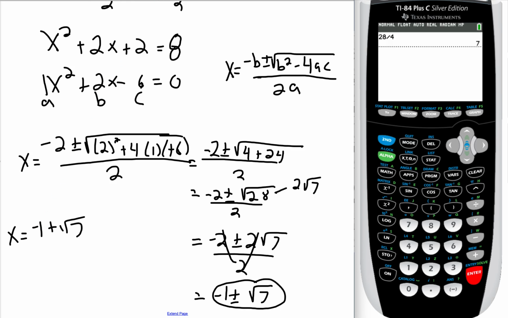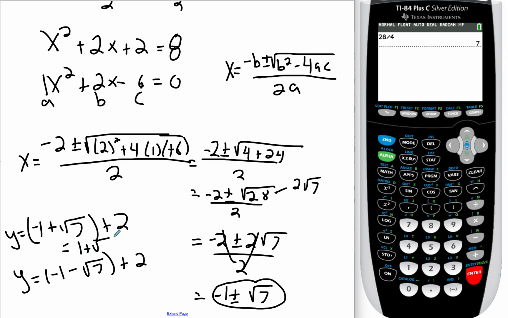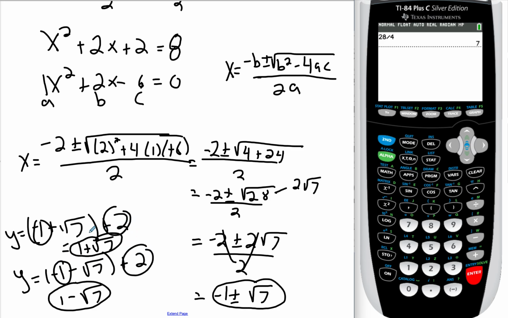So let's plug it in. y is equal to minus the square root of 7 plus 2, which means 1 plus the square root of 7, or 1 minus the square root of 7, because you've got to combine this term, this term, this term, this term.